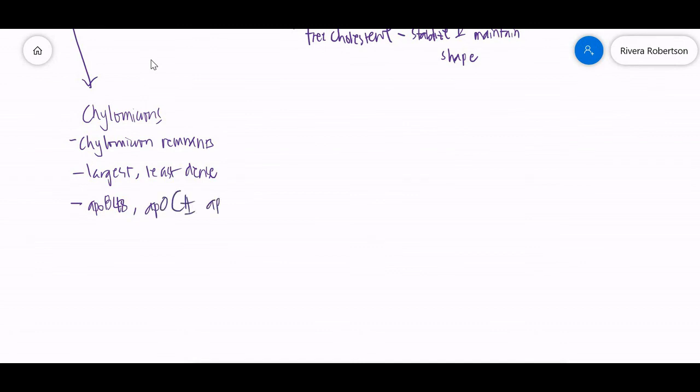and your ApoE. Now, your ApoC2 is responsible for the activation of your lipoprotein lipase that can be found on the surface of the capillaries near the adipose tissue, your cardiac muscle, your smooth muscle, and your mammary tissue. And they are responsible for the release of your fatty acids from the core triacylglyceride.